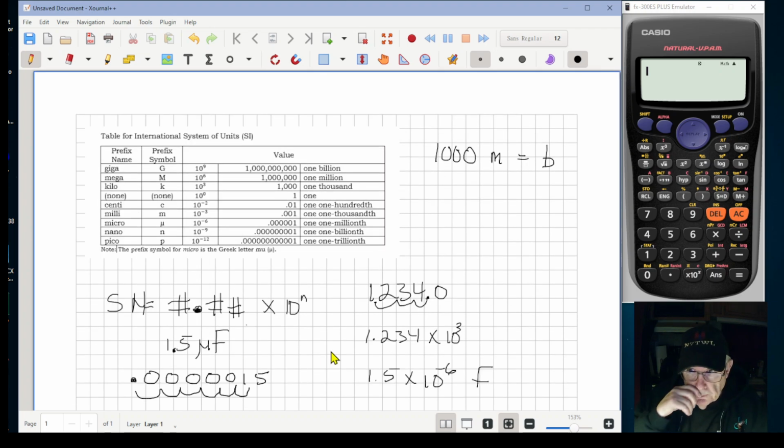Okay. Now, the calculator can help you out here. Notice that it has a times 10 to the x button.